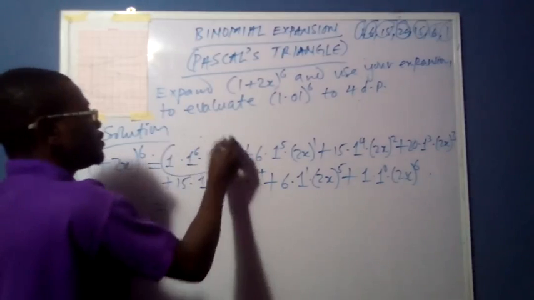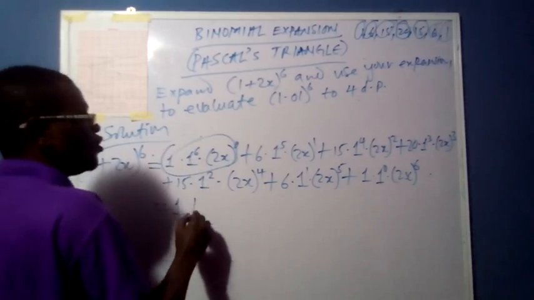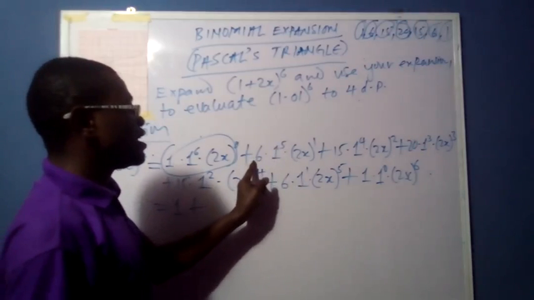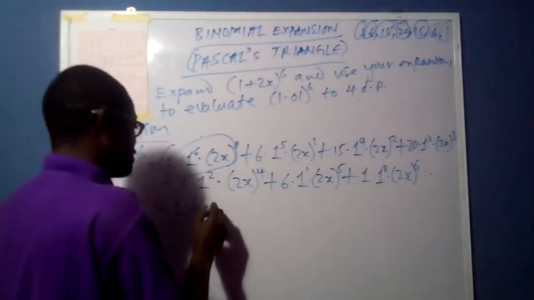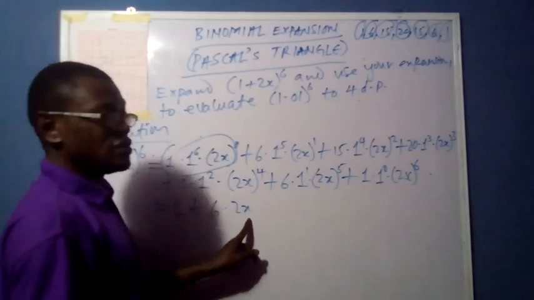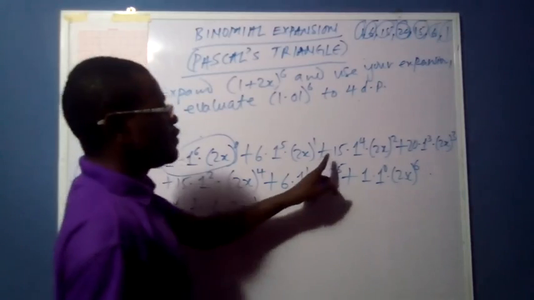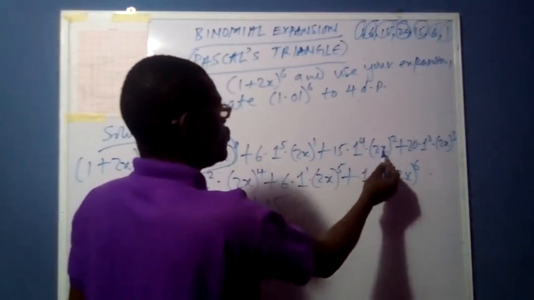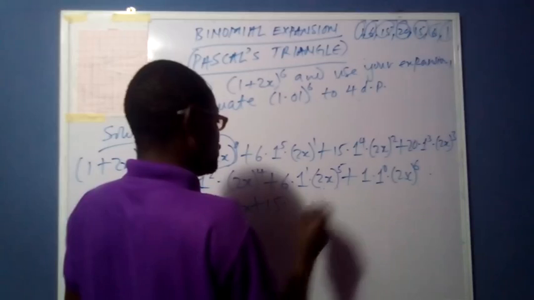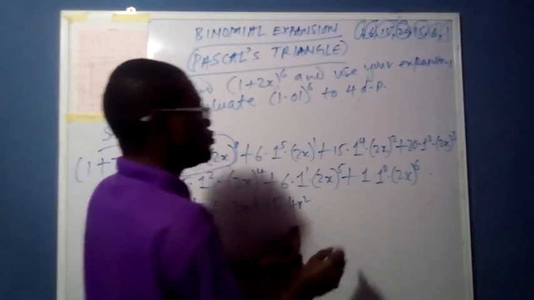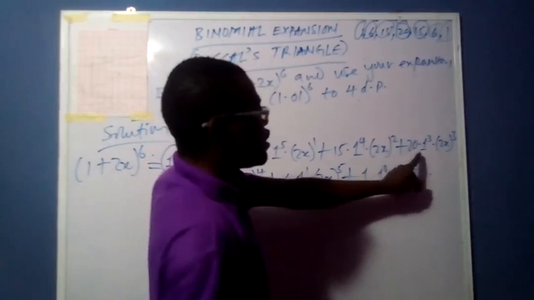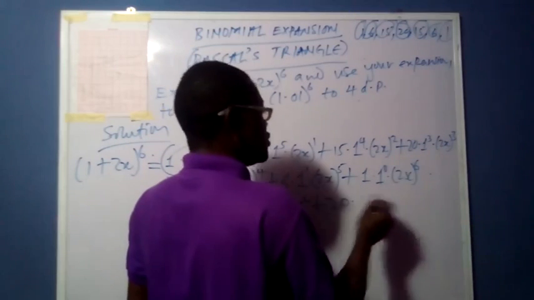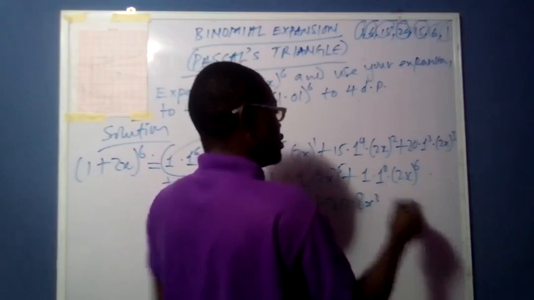So the whole of this is 1, plus 1 raised to power 5 is 1, multiplied by 6, that's 6, multiplied by 2x, plus 1 raised to power 4 is 1, so we have 15 times 2x squared, that will be 4x squared, plus 20 times 1 raised to power 3, multiplied by 2x cubed, 2 raised to power 3 is 8, x cubed.